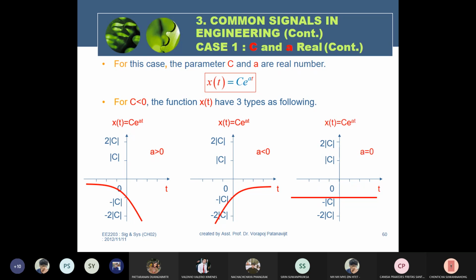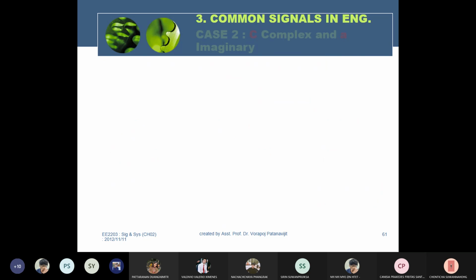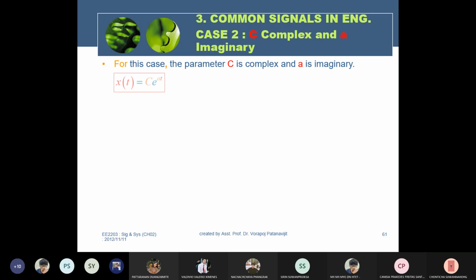Now, for a more complex case, C is a complex number and A is only imaginary. If A is imaginary, you can write it as j omega, where omega is a real constant. This is a complex exponential form.